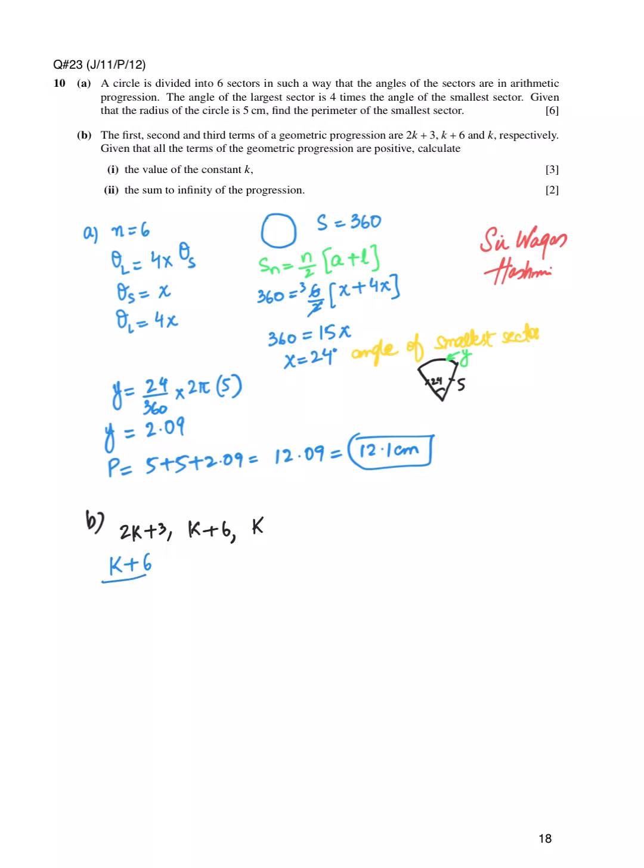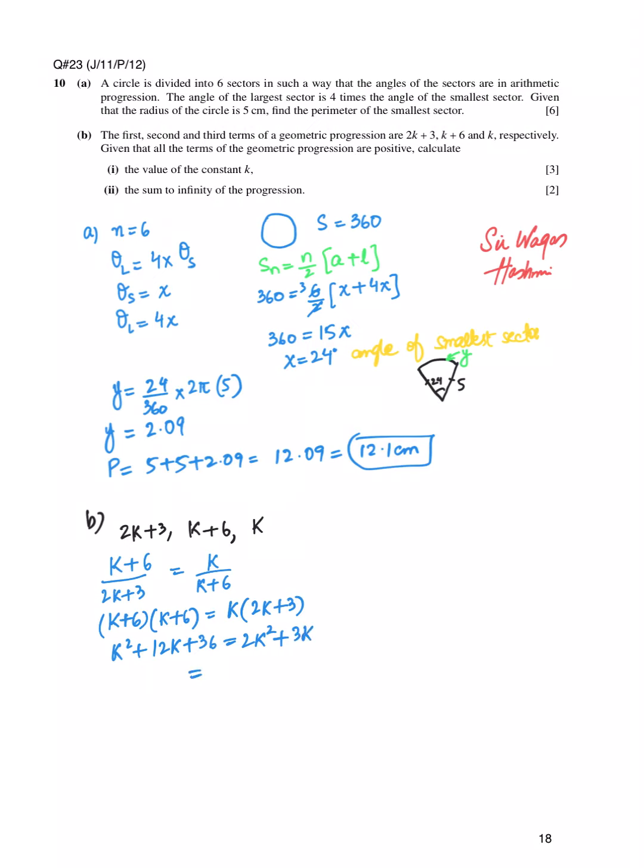So now k plus 6 divided by 2k plus 3 is equal to k divided by k plus 6. When you simplify, it will be k plus 6 times k plus 6 is equal to k times 2k plus 3. So that will be k square plus 12k, using a plus b whole square is a square plus 2ab, plus b square which is 36, equal to 2k square plus 3k.